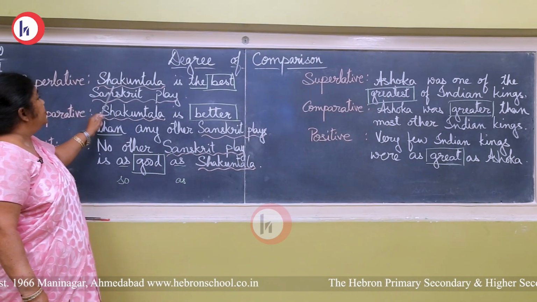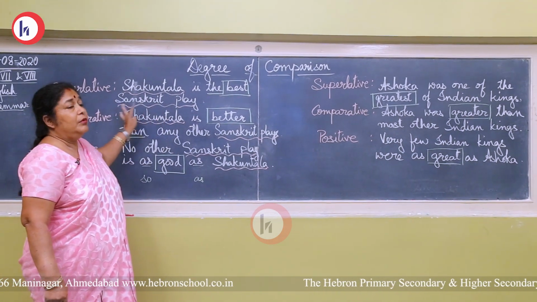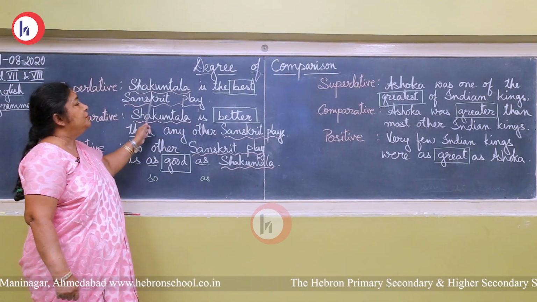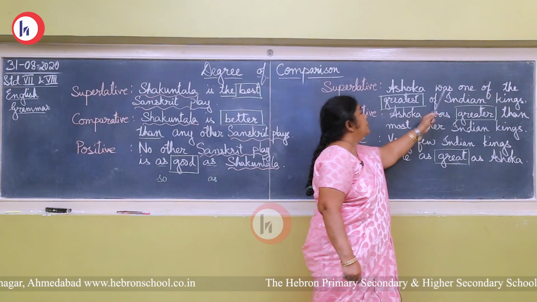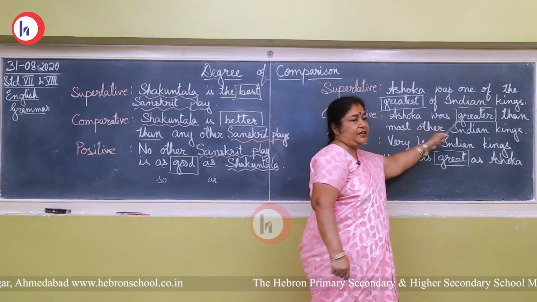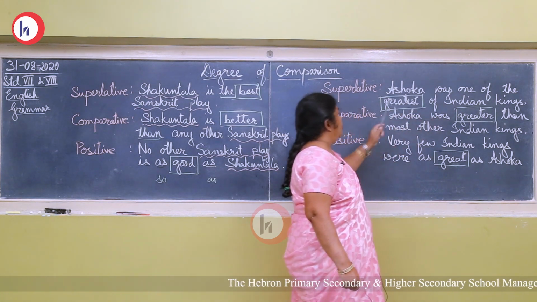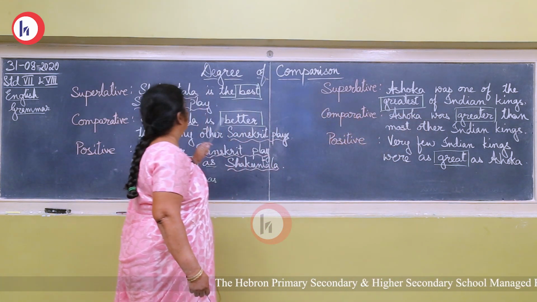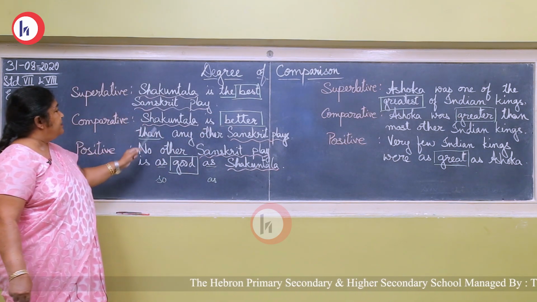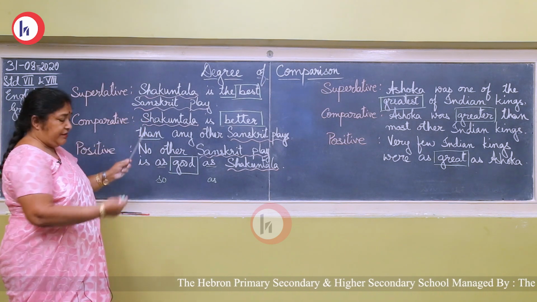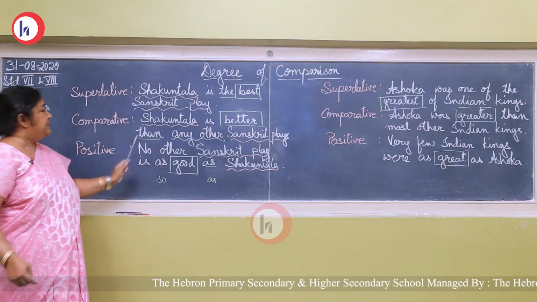But here, Shakuntala is the best Sanskrit play. That means among all the plays, Shakuntala is the best one. Whereas here it says, Ashoka was one of the greatest of Indian kings. That means there were many kings greater than Ashoka. So, when it is given the best, in comparative we write any other: Shakuntala is better than any other.